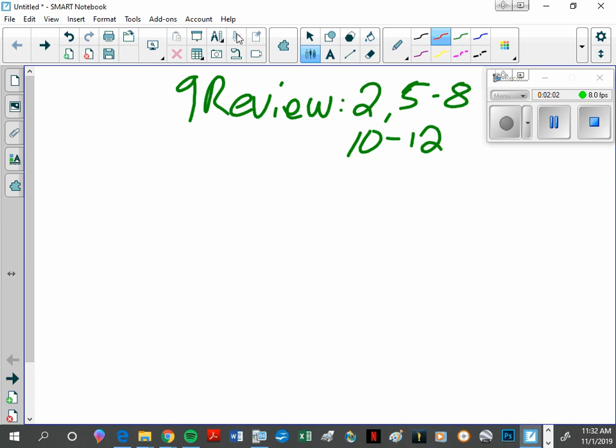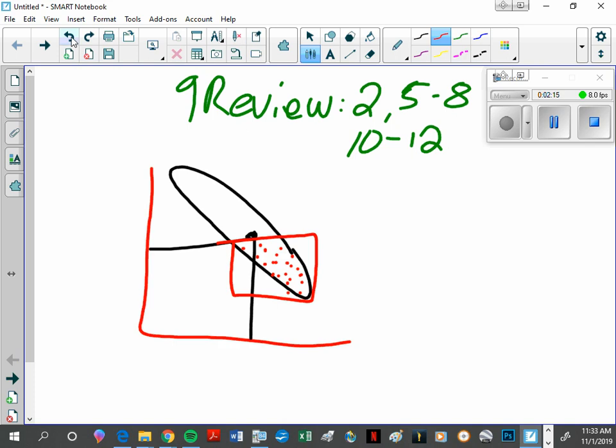B, if y is usually less than x, the correlation coefficient between x and y will be negative. So if the y values are usually less than the x values. So let's look at this one. And maybe we'll just put some numbers on here. 1, 2, 3.